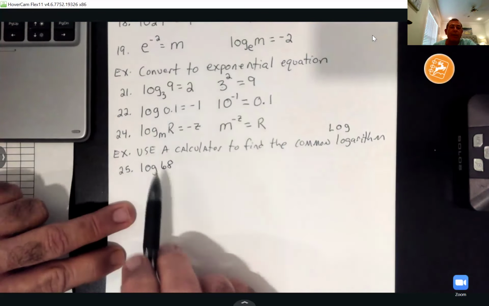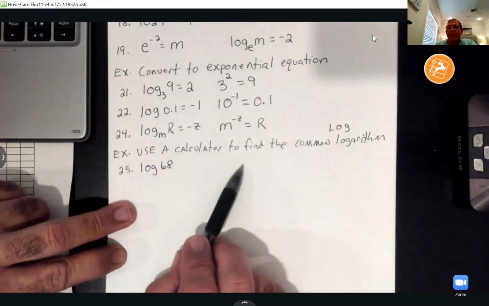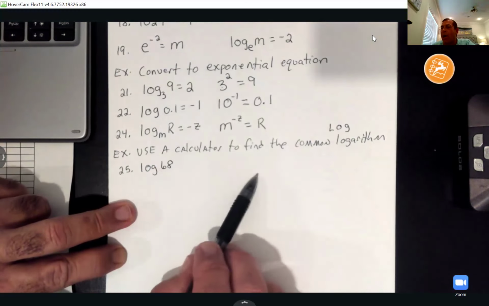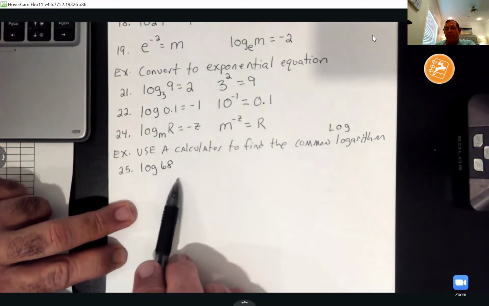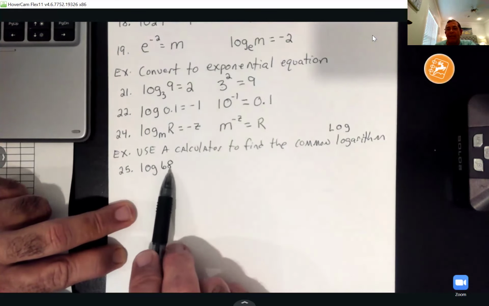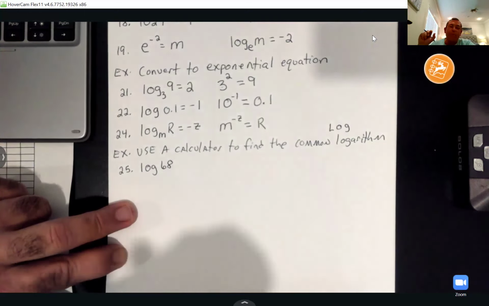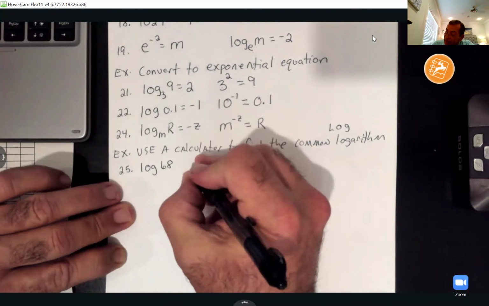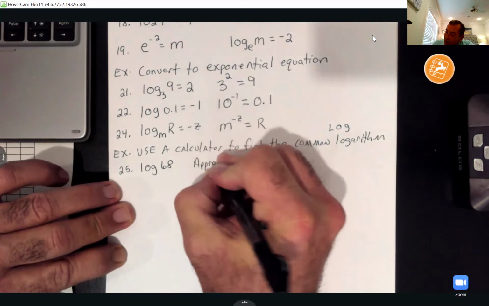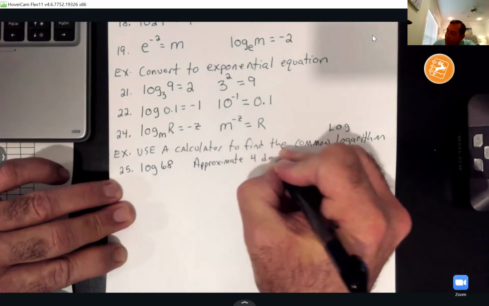Well, guess what? This is a base 10. 10 to the first is 10. 10 squared is 100. So it don't multiply perfectly to get a 68. So when you got a situation like that, we got to approximate these to 4 decimal places.